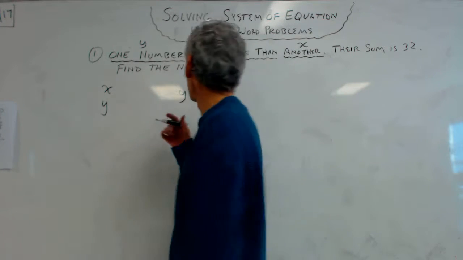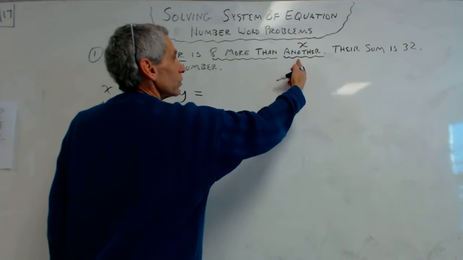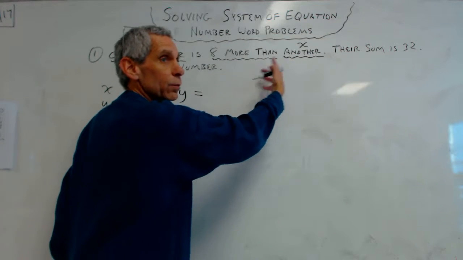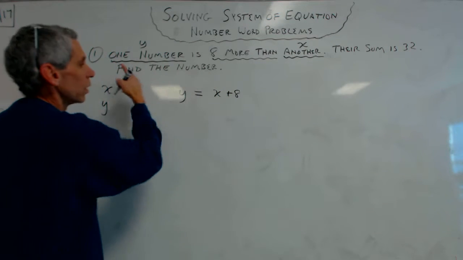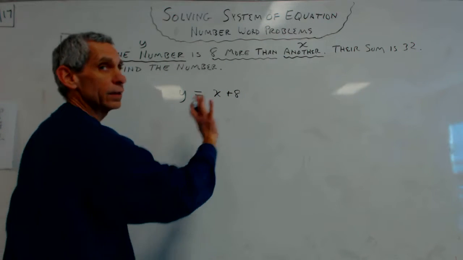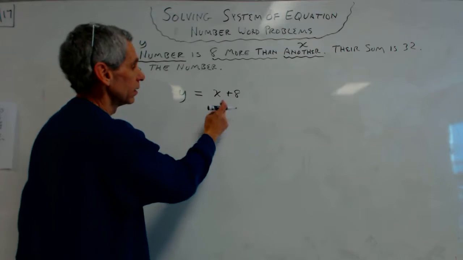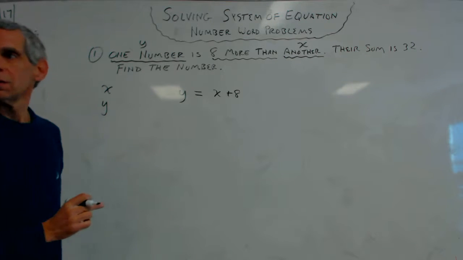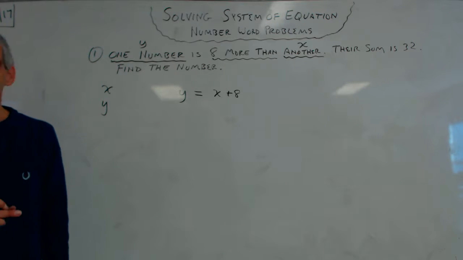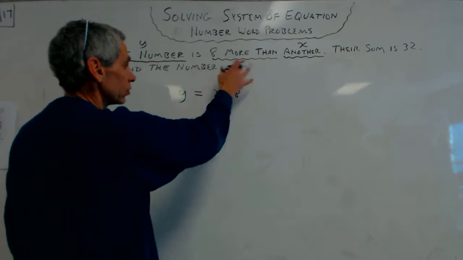Exactly. So we put the other thing first, plus something, plus 8. That's the something. We're going to put the x plus 8. So one number is 8 more than, that goes off to the right, plus 8. And then more than what? The another, which is x. You guys all get that? Pretty straightforward, right? So we've got one equation.